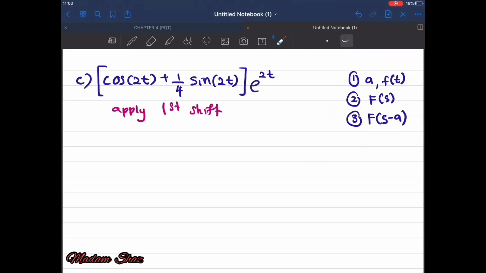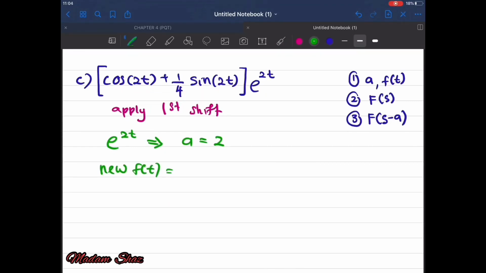For the first step, you have to determine the value of a and then determine your new f(t). From exponential 2t, our a is equal to 2. So our new f(t) is any other function except the exponential term. So this whole thing is our new f(t).